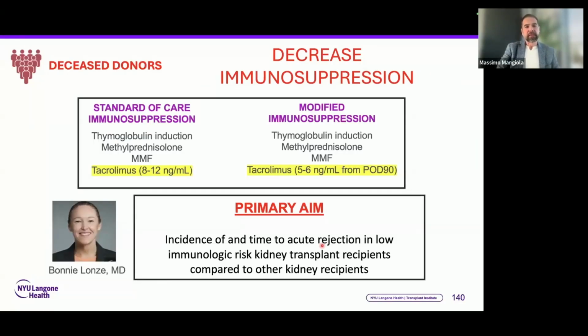On the disease side, one of our biggest interests is decreased immune suppression. And Dr. Lonze is the PI for a clinical trial where we decrease immune suppression 90 days post-transplant if the recipient was transplanted with a donor, either living or deceased, with low haploid mismatch by B cells, which is what we needed to do for this grant.